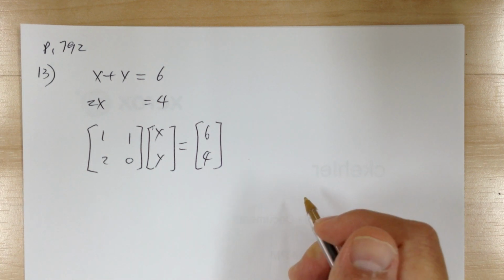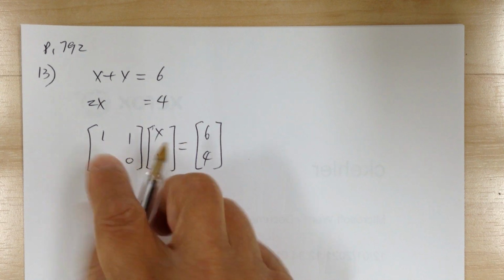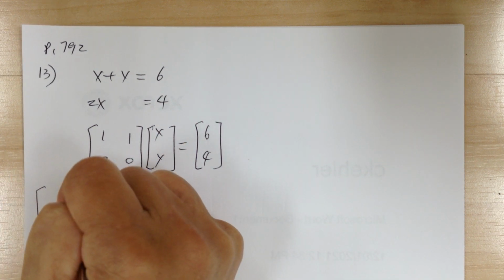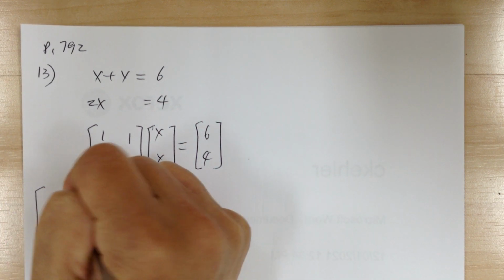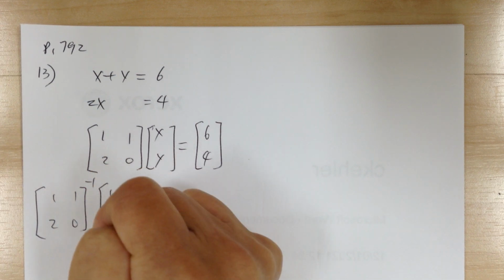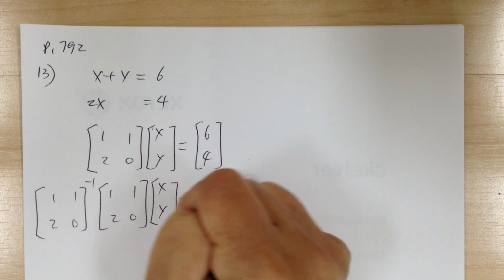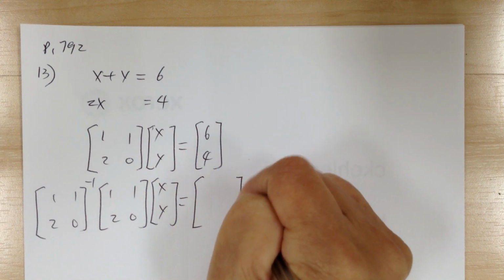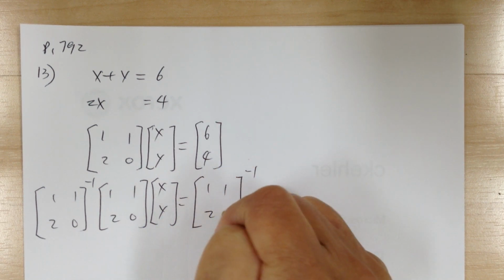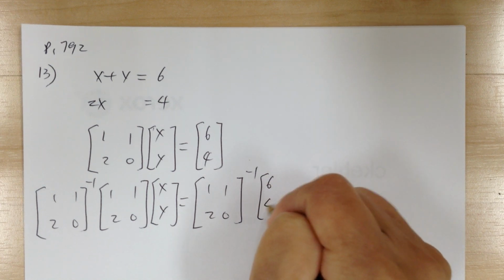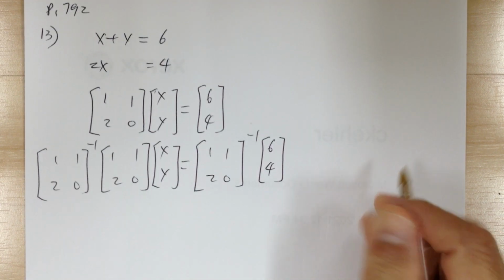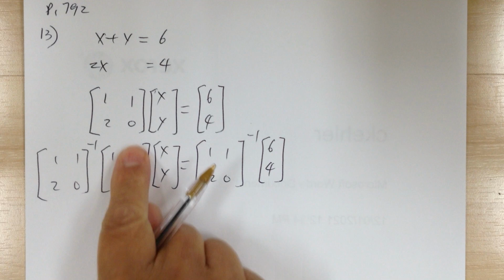Okay. Again, first, let's get rid of this, so we need to multiply by the inverse in the front. The matrix and its inverse will cancel out.